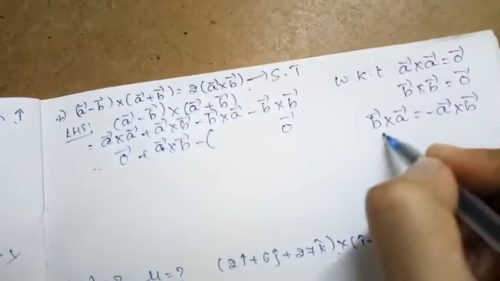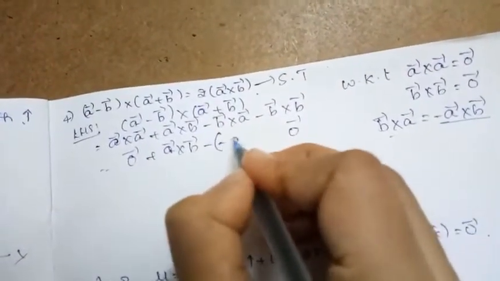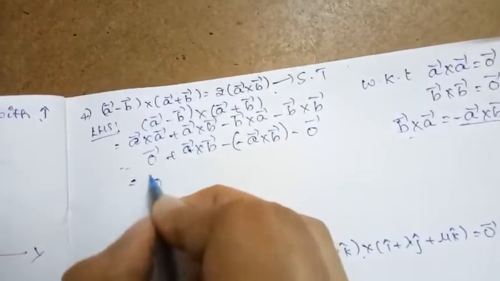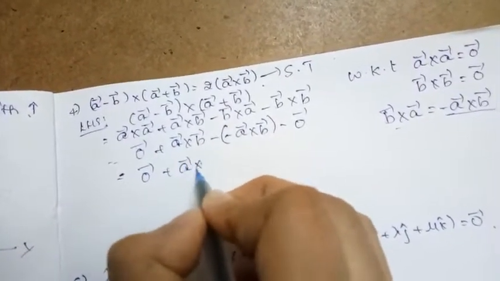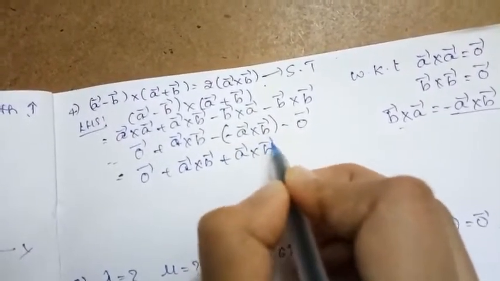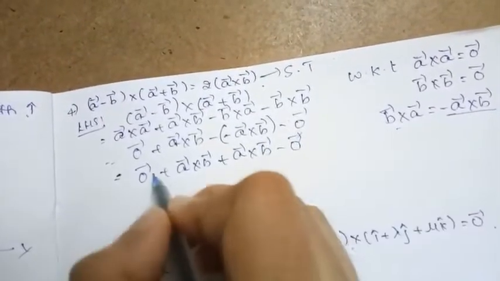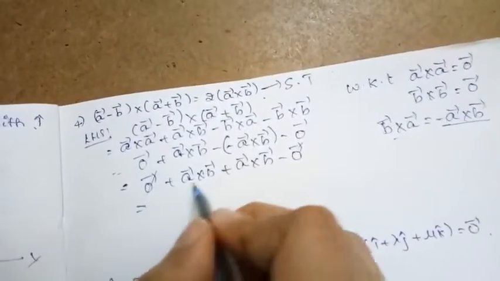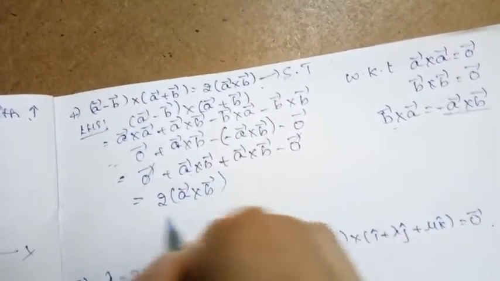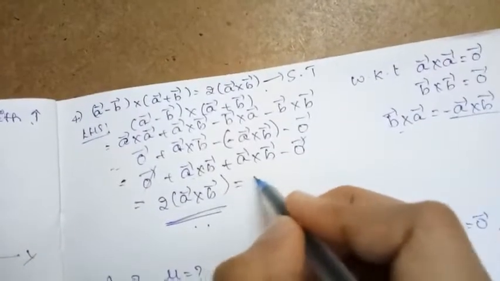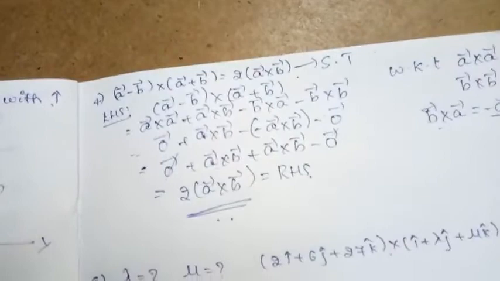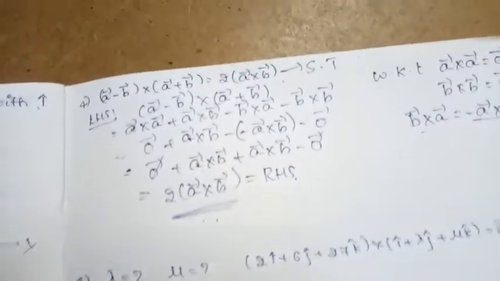So vector B cross A is nothing but negative of vector A cross vector B. So what happens? This one as it is plus vector A cross vector B, minus into minus plus vector A cross vector B, minus 0 vector, where this one gets cancelled. So what is remaining? This is nothing but 2 times vector A cross vector B, which is nothing but our RHS. So this is how we are going to show or prove the given result.